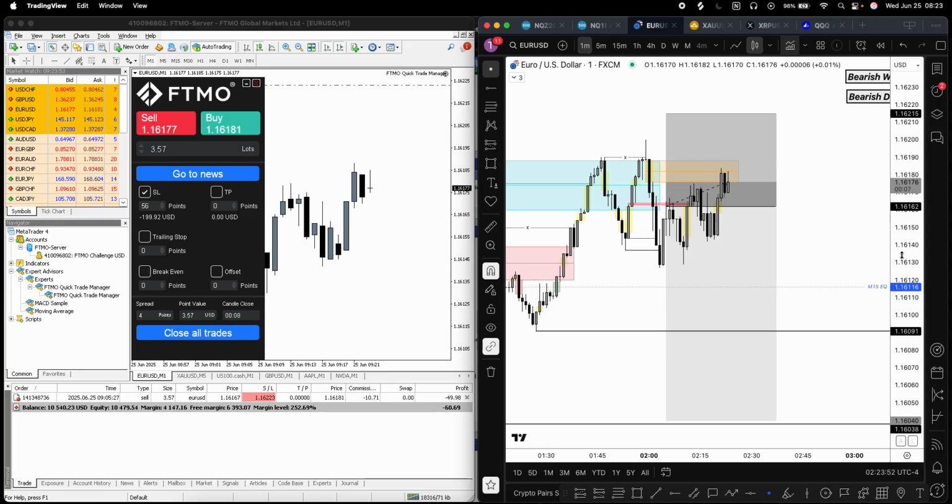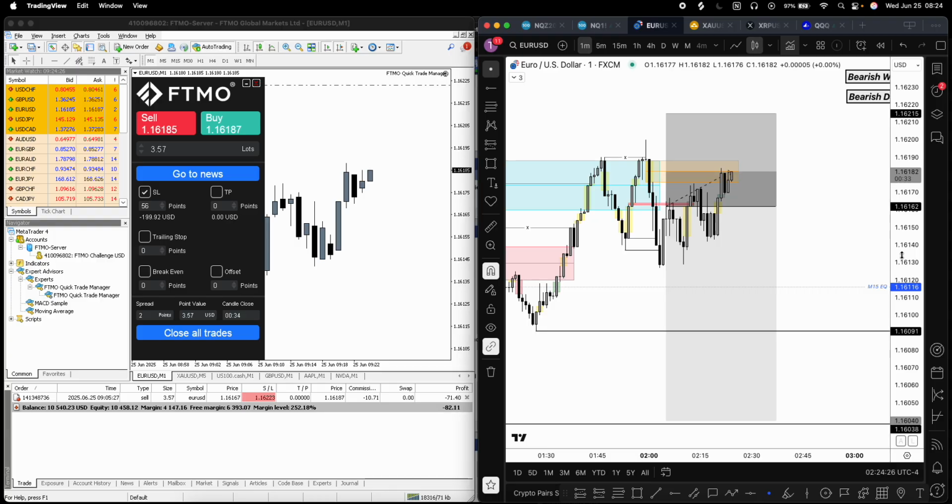Seems to be rejecting off the midpoint again, the midpoint of the 1-minute bearish fair value gap, which is the orange block. So it did reject off of it again on the just previous candle. It's not the be all end all indication that the trade's gonna win or anything, but it's encouragement to remain in the trade.